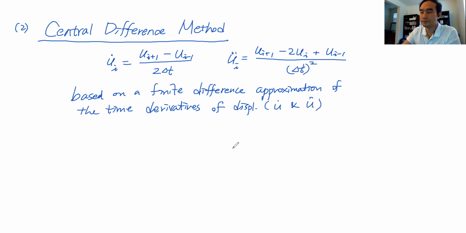Okay, so based on this finite difference approximation of the time derivatives of displacement, we develop these two relationships. From there, we were able to find out the future steps of the responses.